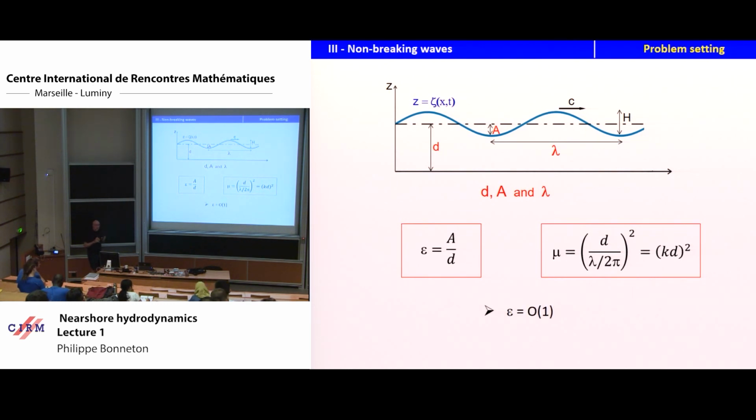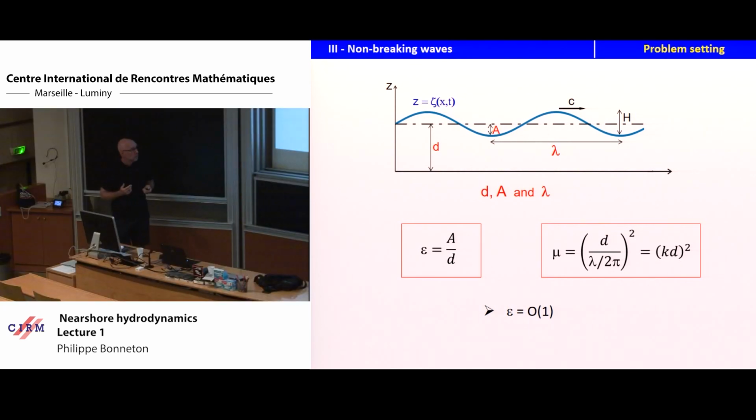So in the nearshore zone, as you have seen in the previous figure, in particular close to the onset of breaking, the wave is strongly nonlinear. And in fact, the epsilon parameter is not small, especially just before the onset of breaking. So it's a parameter of order 1.